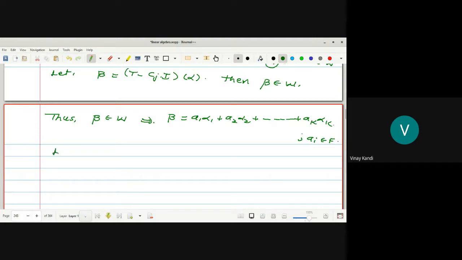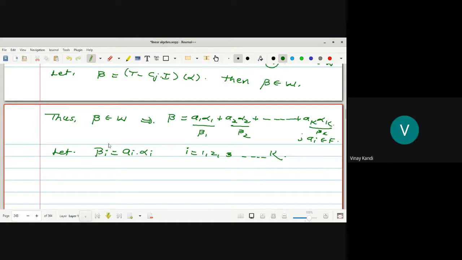Now let us name these B1, B2, up to BK: let Bi be equal to Ai into alpha i, where i runs from 1 up to k. Any doubt up to here?